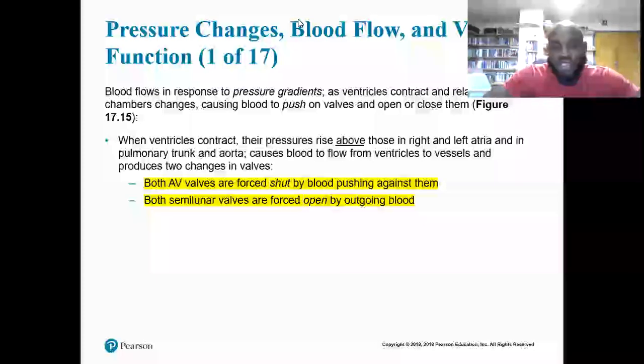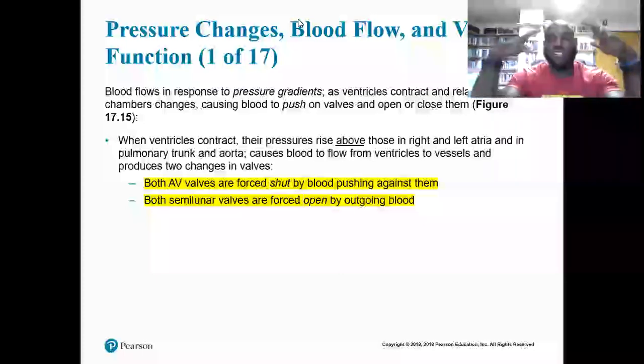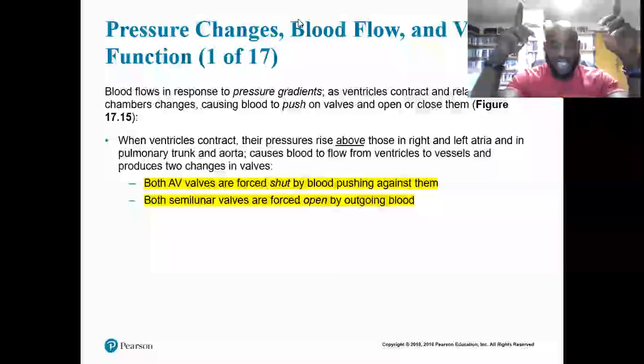So when the ventricles contract, the pressure rises above those in the right and left atria and in the pulmonary trunk. So the ventricles, which are inferior to the atria, when they contract, it causes the AV valves, atrioventricular valves, remember, we have the tricuspid and bicuspid atrioventricular valves, to be forced shut, so that prevents blood going back into the atria.